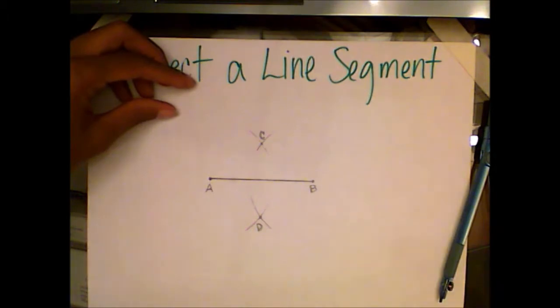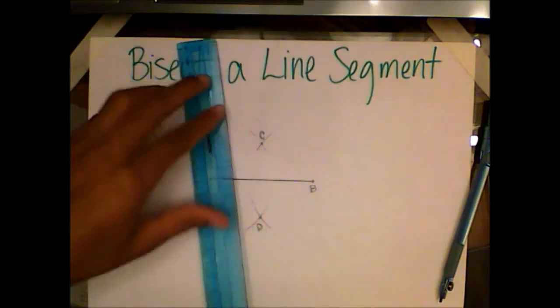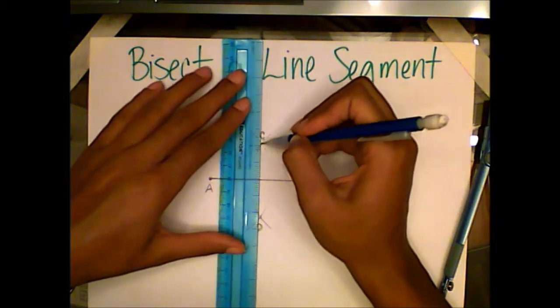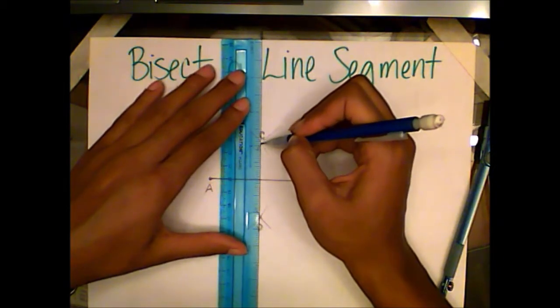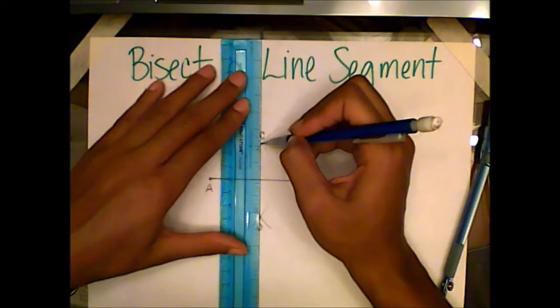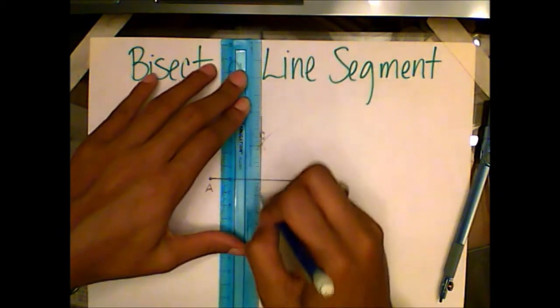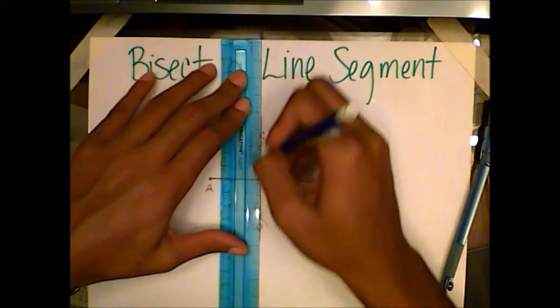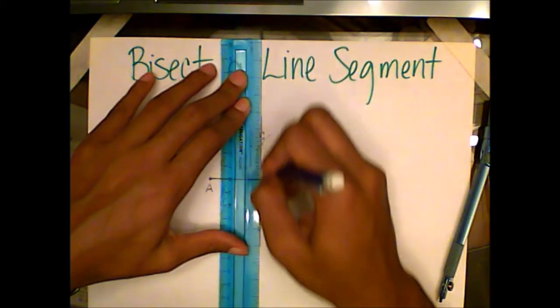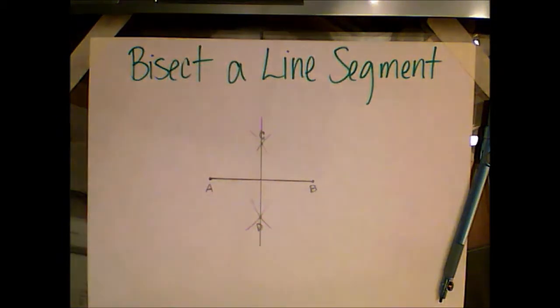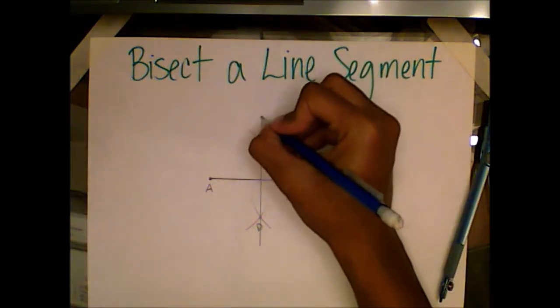Now grab your straight edge, and line it up with point C and point D. Remember to press firmly down so that your straight edge doesn't move. Trace a line, or connect those two points, point C and point D. We're going to label that line CD.